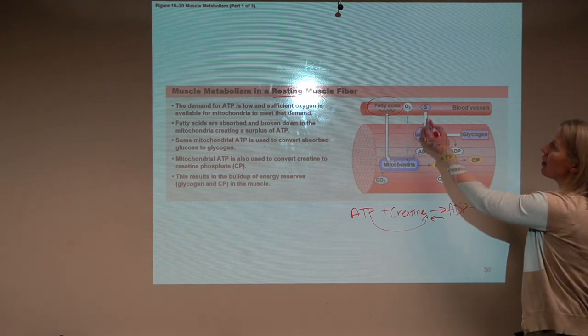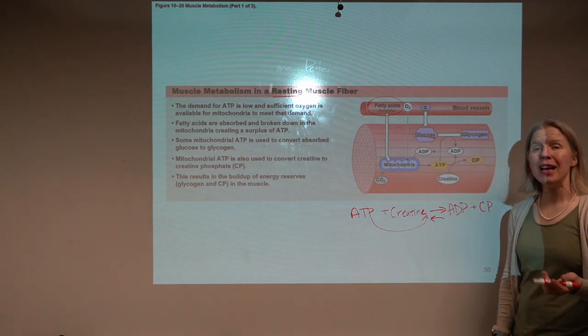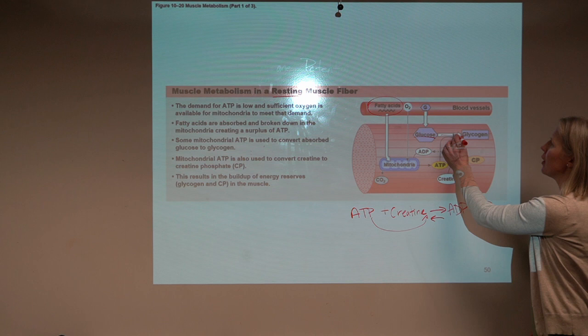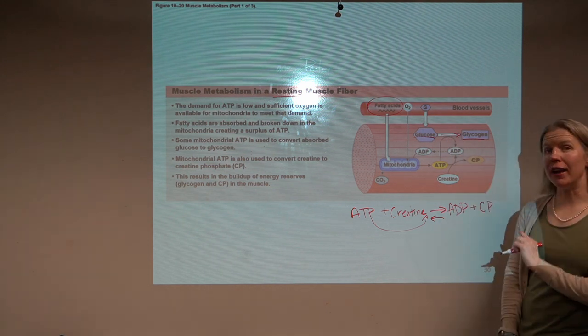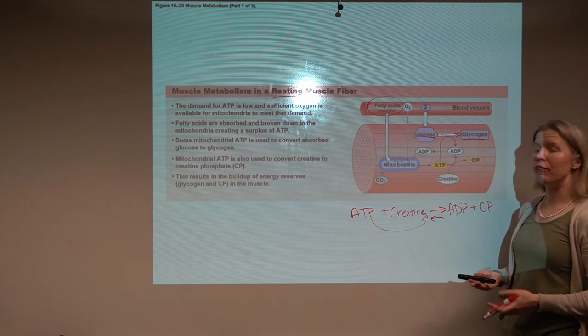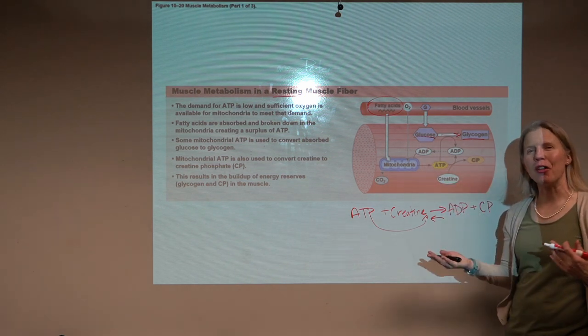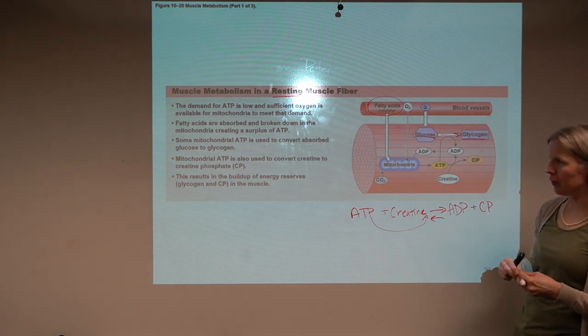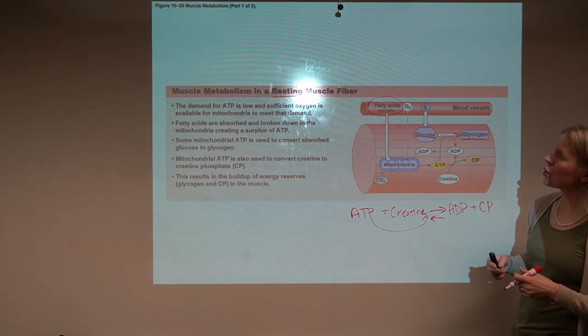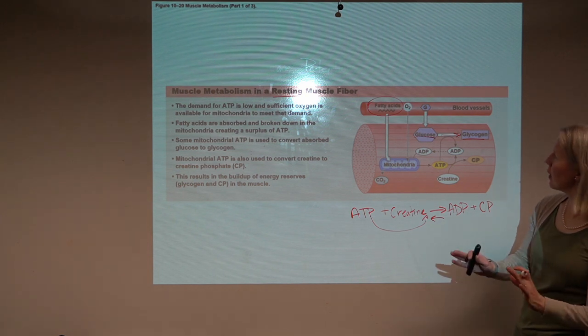Any glucose then that's brought into the cell can be stored for later in the form of glycogen. Because the fatty acids are producing more than enough ATP, we'll put those glucose molecules together in the form of glycogen.